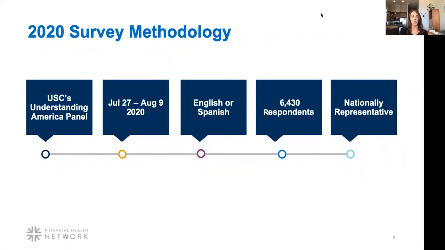This year's 2020 Trends Report largely draws upon survey data from a survey fielded from July 27th to August 9th of this year. And you'll notice that those dates are interesting for a few reasons. One is that these dates represent the expiration of those additional $600 in federal unemployment insurance that I mentioned a few moments ago.